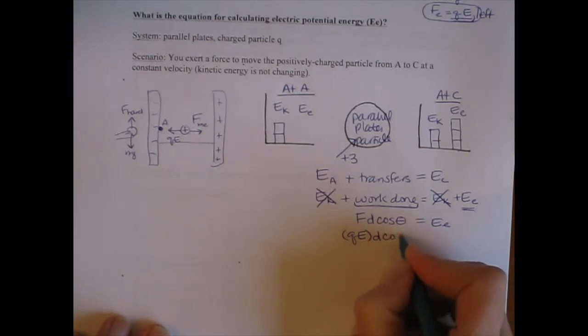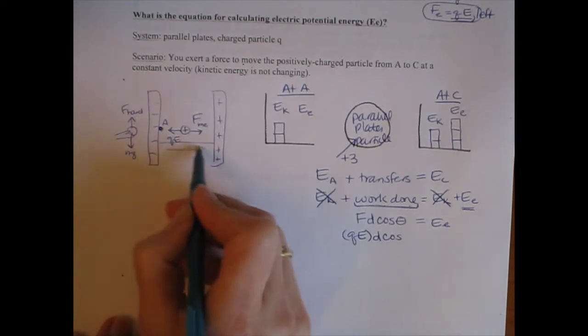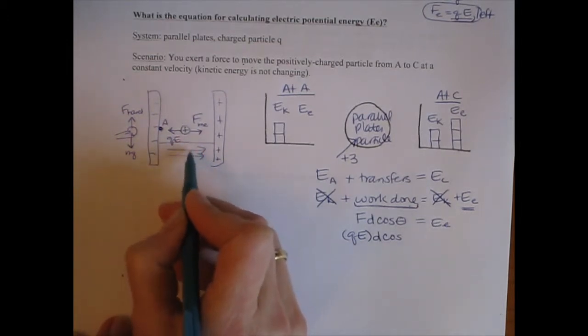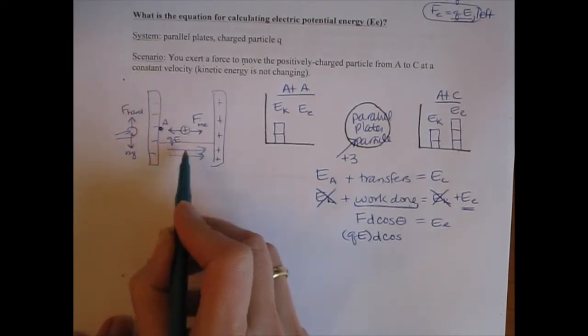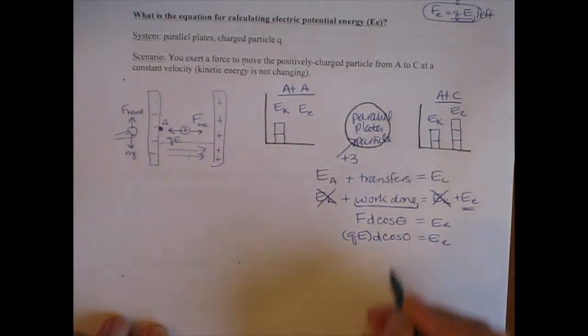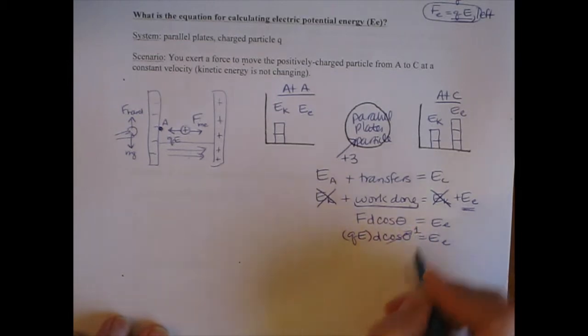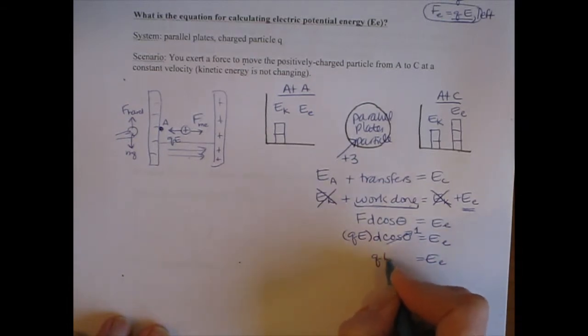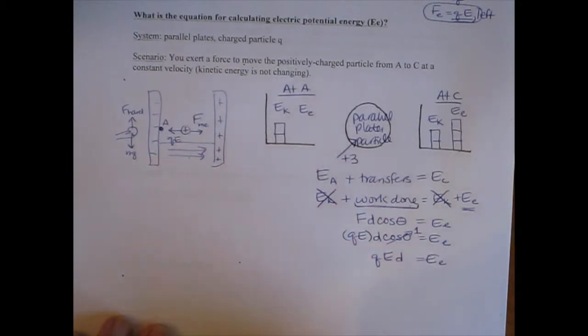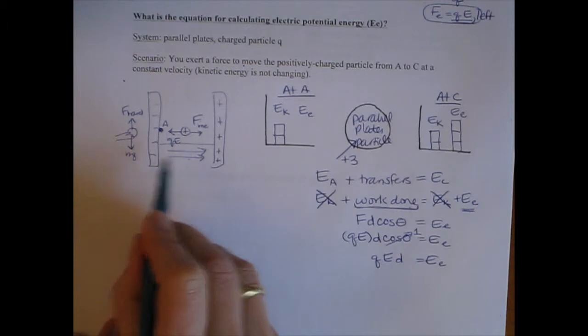And the angle between the displacement and the force. So my force was to the right, the displacement was also to the right. So those are in the same direction, they're parallel. So the angle would be 0. And remember that the cosine of 0 is 1. So our result for electric potential energy is the charge times the electric field times the position between those plates.